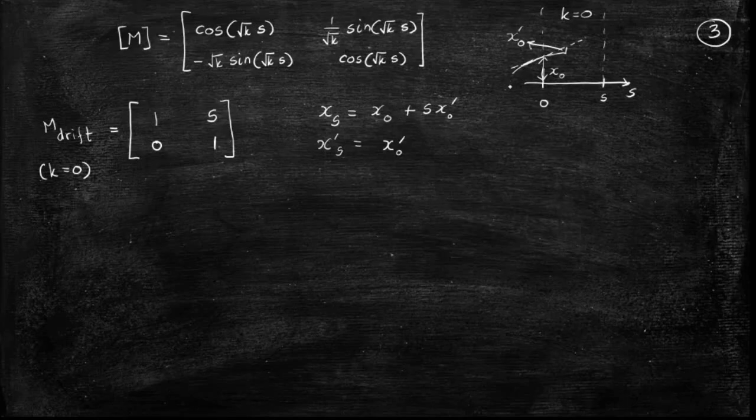Agreed? Yes, sir. X prime is nothing but the slope of x with respect to s. X is now plotted along the y-axis, vertical axis. S is plotted along horizontal axis. So this slope is basically the divergence. Okay.